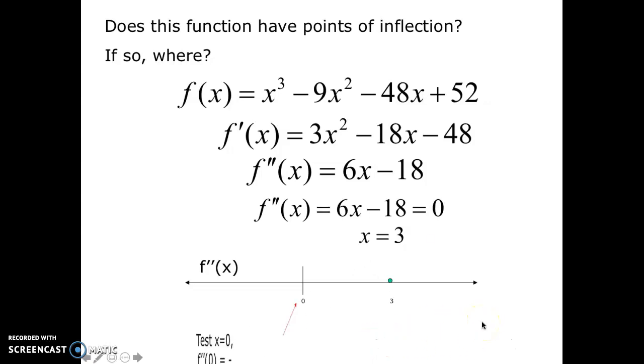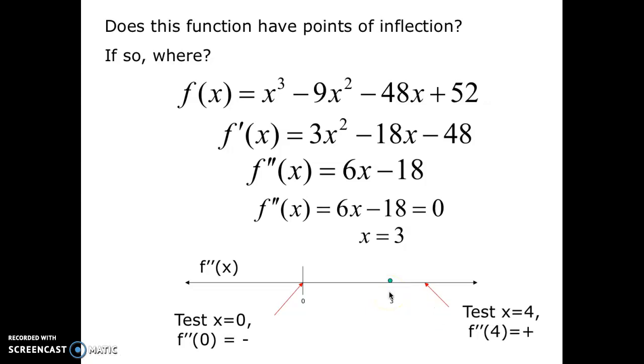I put in a value here. I tested 0 because that's an easy value to put into the second derivative, and I get a negative value. That tells me the curve is concave down from negative infinity to 3. And then I test above 3. I tested 4, and I put it into the second derivative. I got a positive value.